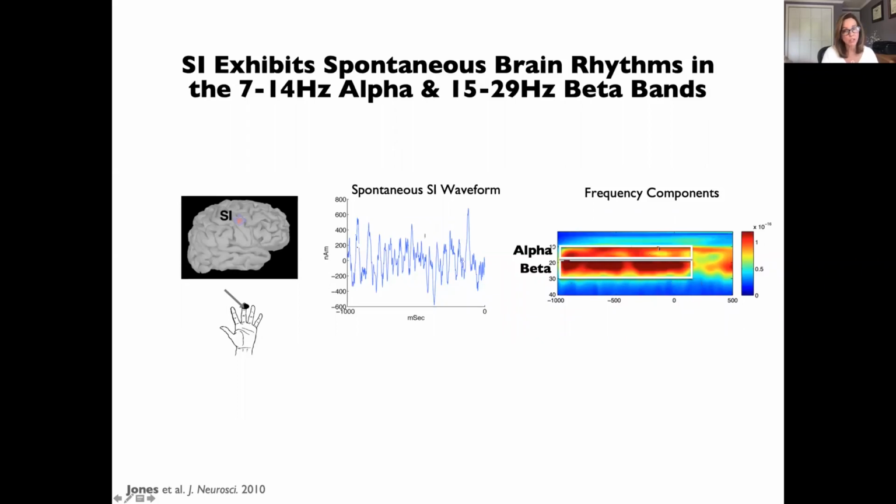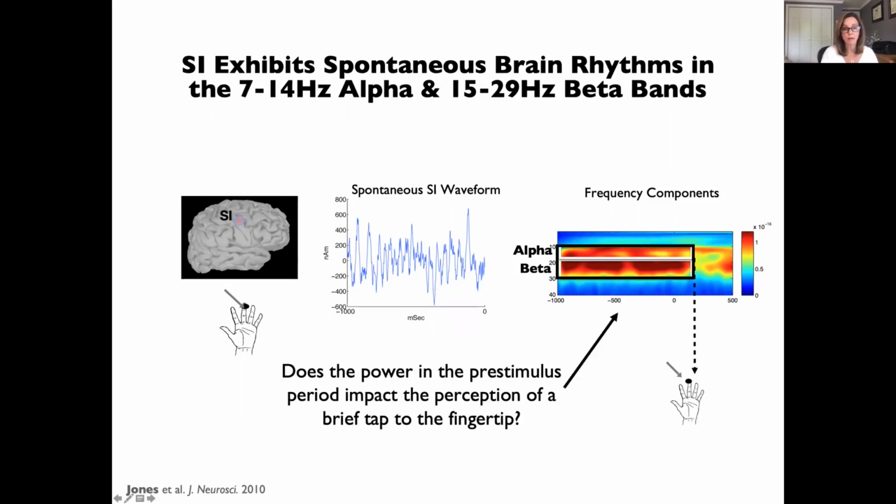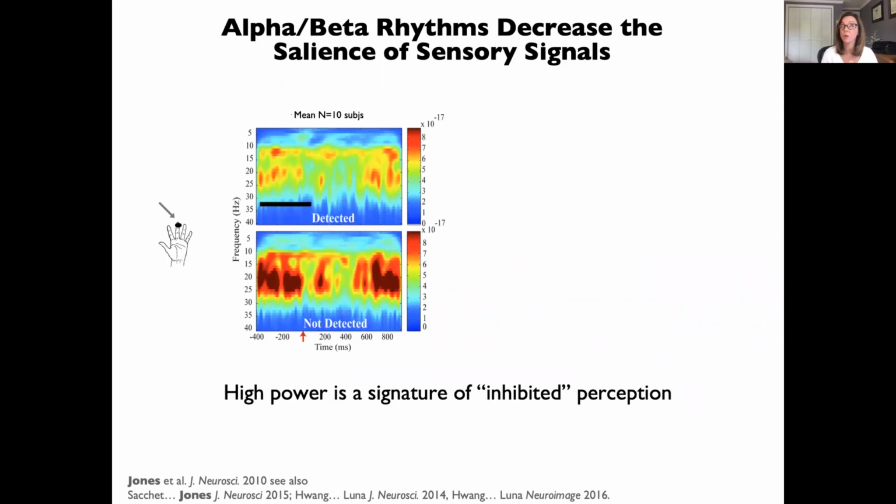And one of the questions that we were interested in is, does the power of this oscillation in the pre-stimulus period before we tap the finger impact the subject's ability to feel that tap to the finger? And it turned out the answer to that question was yes.